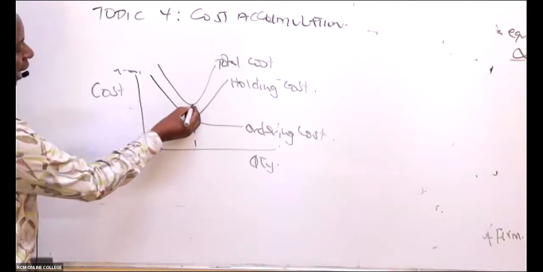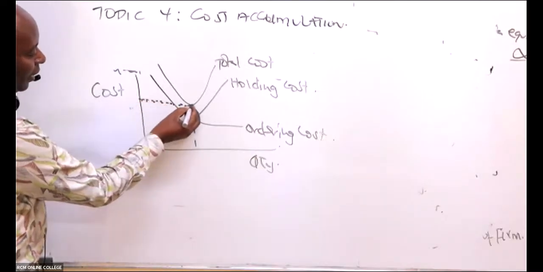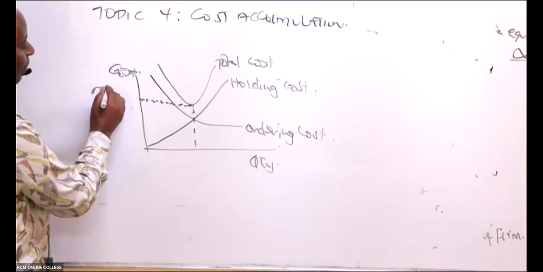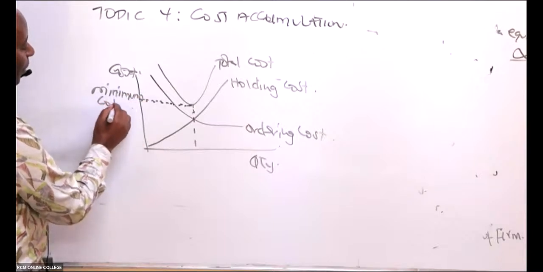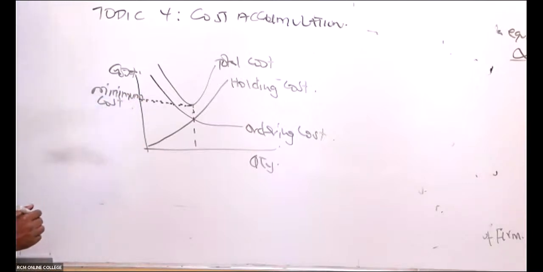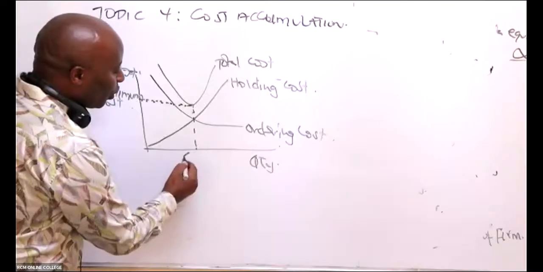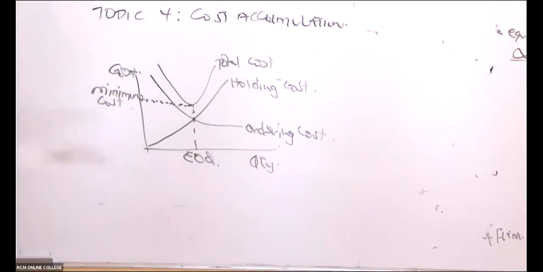That it is minimum here. So we have here minimum cost. And that particular quantity which minimizes this total cost is what we call the economic order quantity.